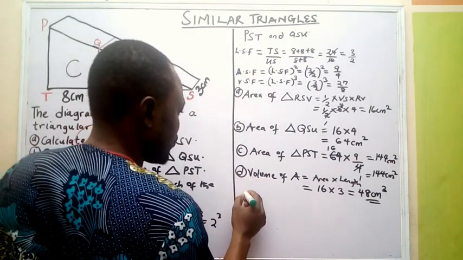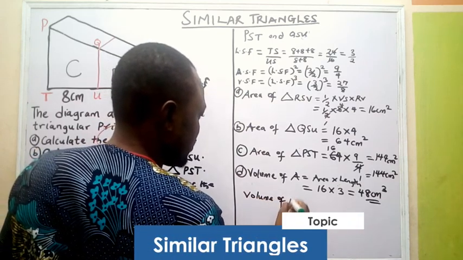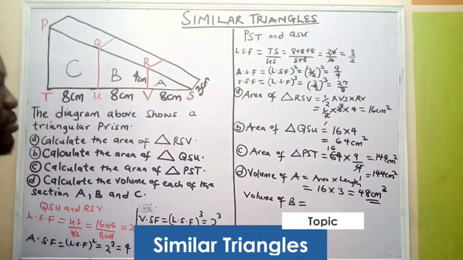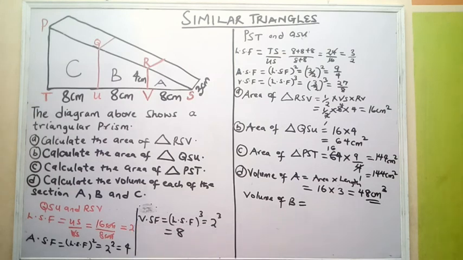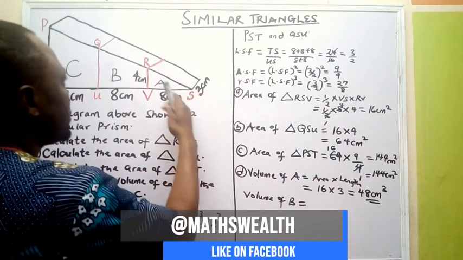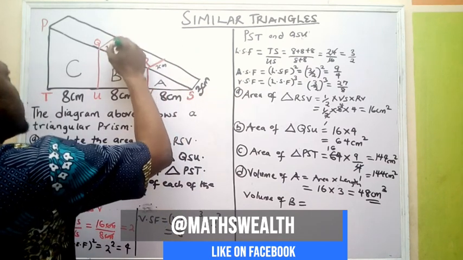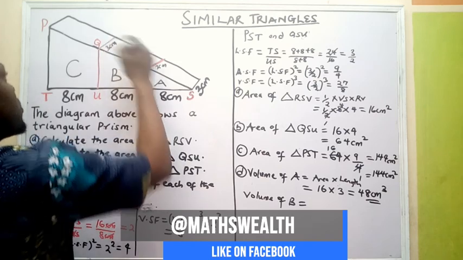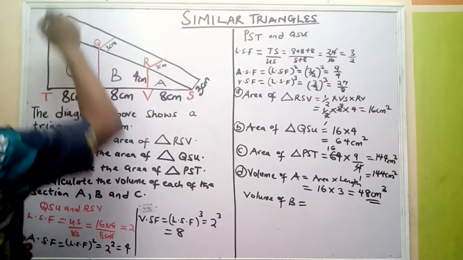So now I'm going to find the volume of B. All of this is 3 centimeters. This is 3 centimeters. So they are all parallel, so they are 3 centimeters.